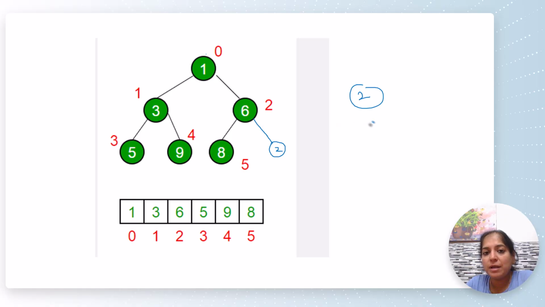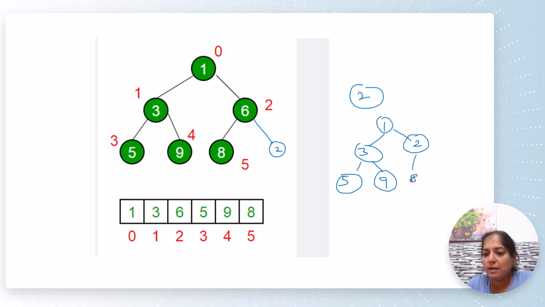So your tree will become 1, 3, 5, 9, and here it will be 2, 8, 6. Now you can see the heap property is maintained. 1 is less than 3 and 2, 3 is less than 5 and 9, 2 is less than 8 and 6.